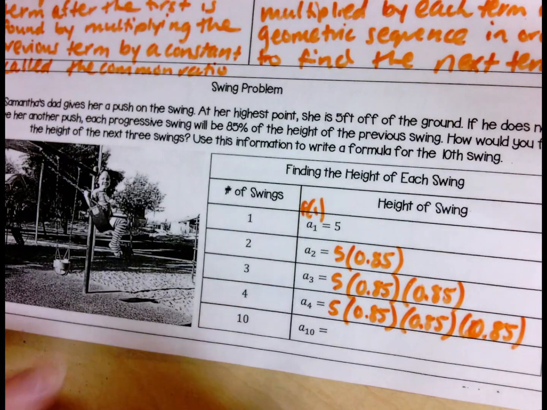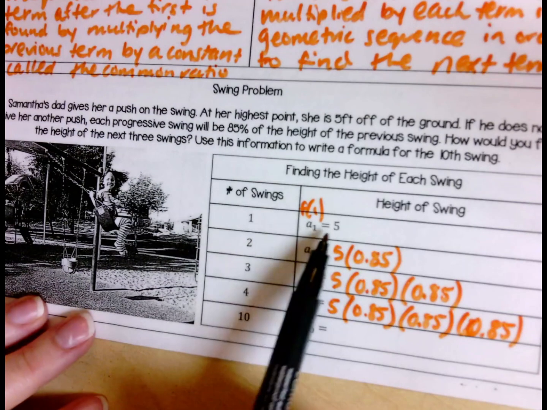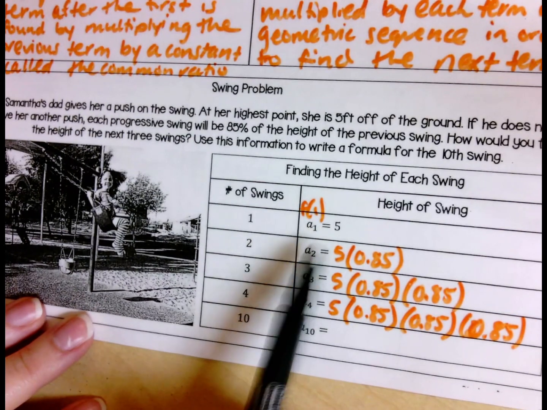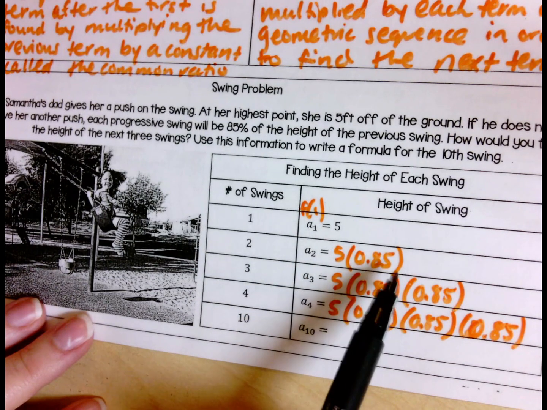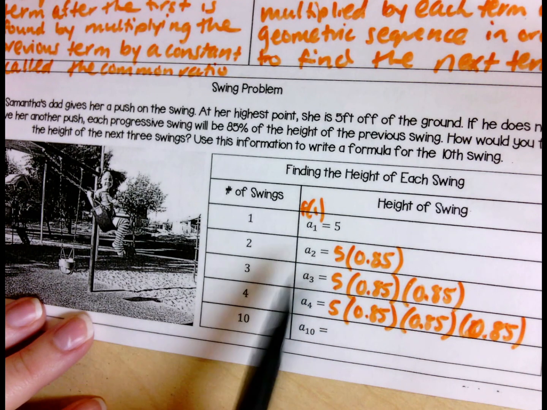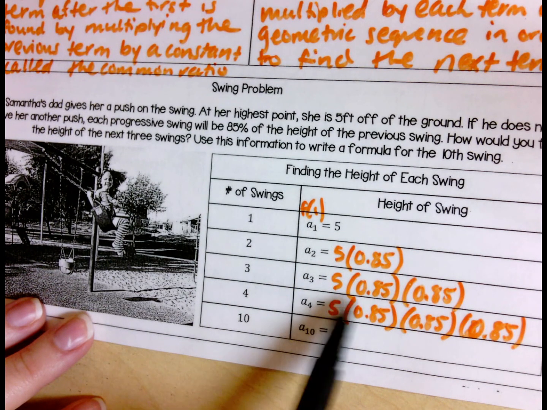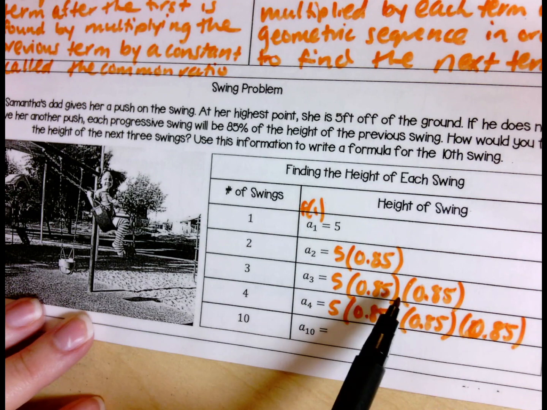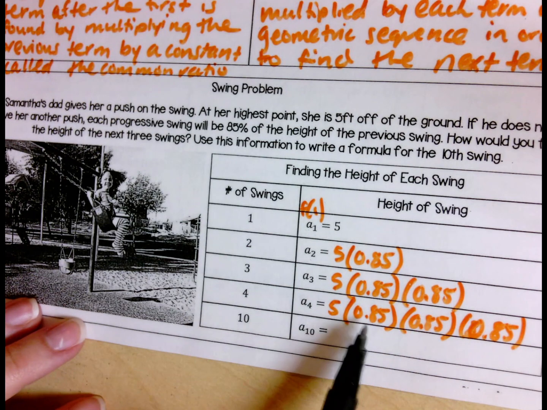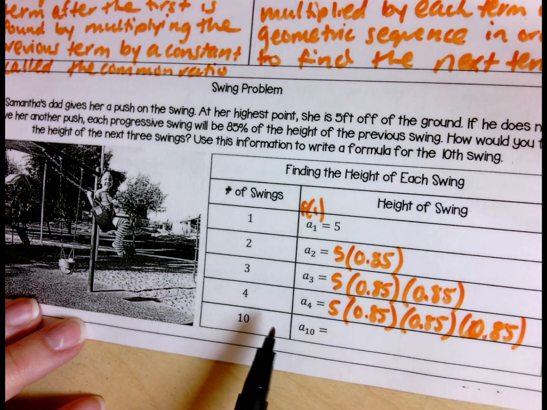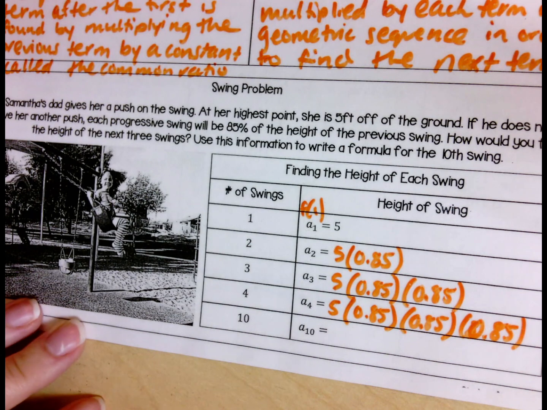Now, if you notice, this first swing, she went the full 5 feet. The second swing, we multiplied it by 1 of those 85%. The third swing, we multiplied it by 2 of those 85%. And the fourth swing, we multiplied it by 3 of those 85%. So at the 10th swing, if we follow that pattern, we need to multiply it by 9 of those 85%.